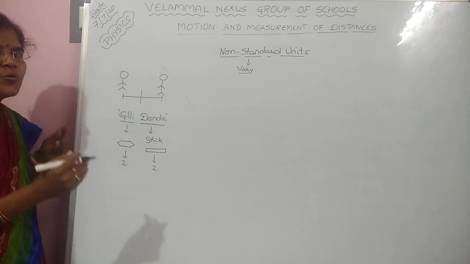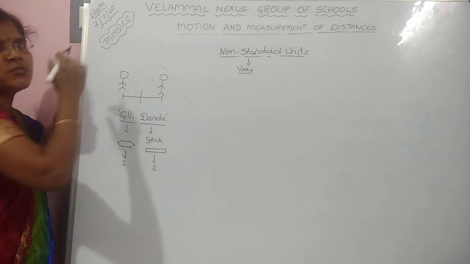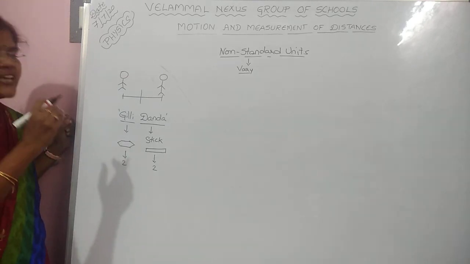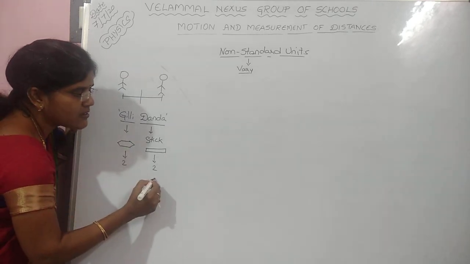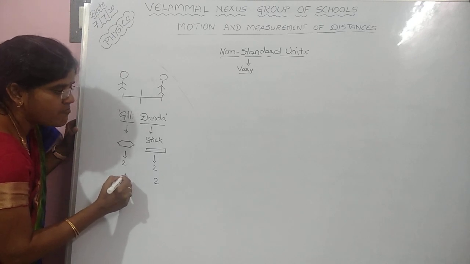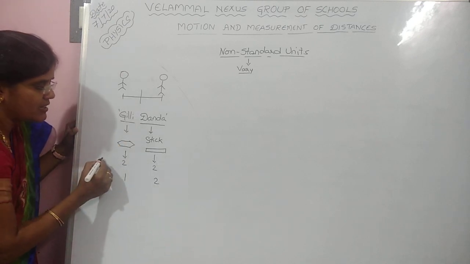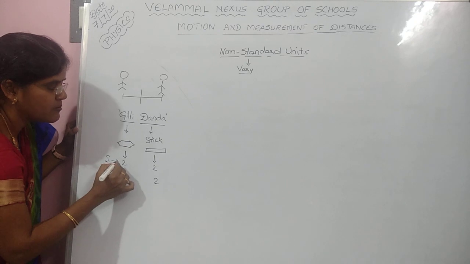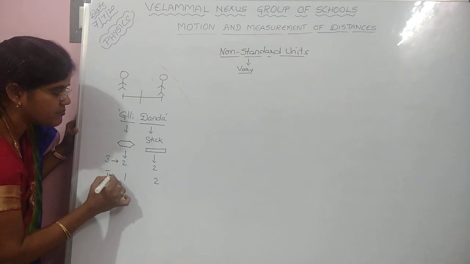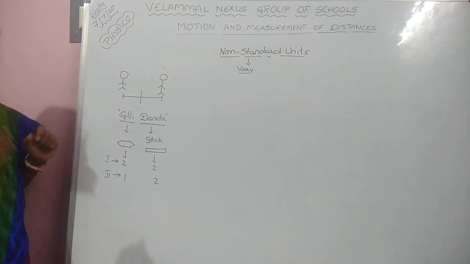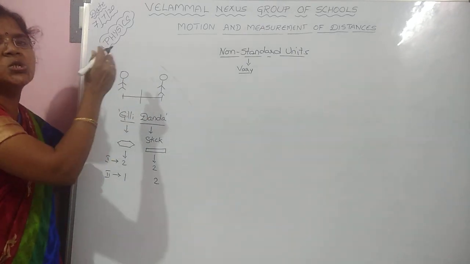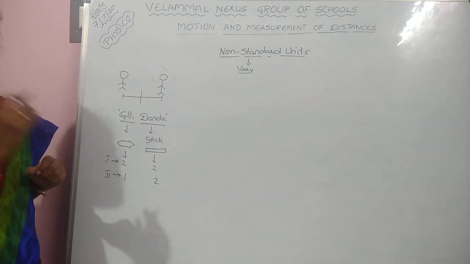They brought a new Gilli Danda and started the bench measurement. Then they observed it is 2 Danda and 1 Gilli. This is the first day's measurement. This is the second day's measurement. Then it became very difficult for the two children to share the bench equally.